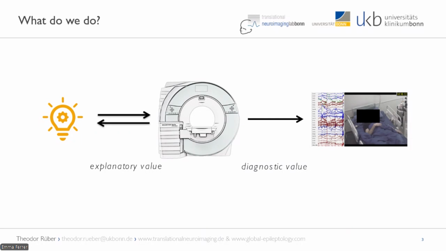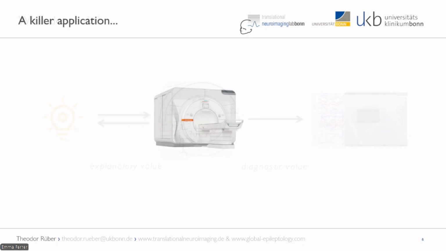And the idea is basically, and this is why it's called a translational neuroimaging group, to find insights about the brain, about also its pathology, using these scanners, and then translate them to clinical grounds and use them there for better diagnostics.